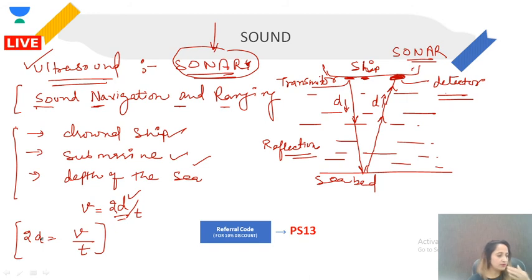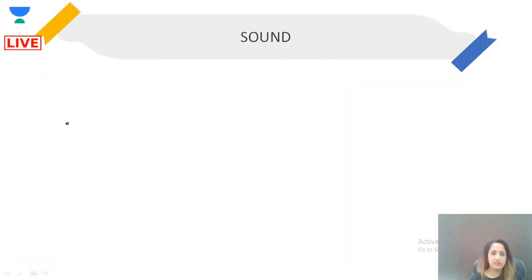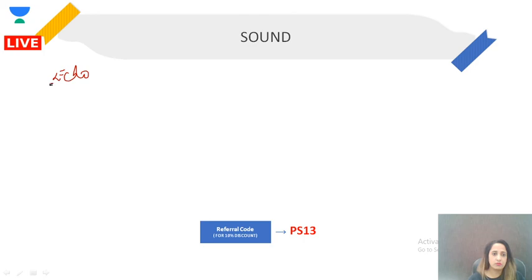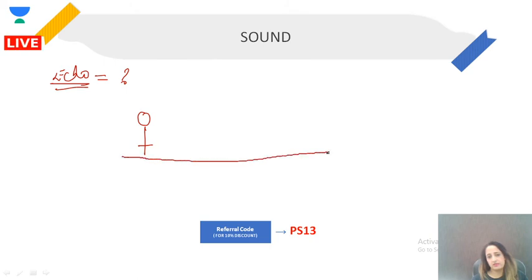Okay, now we have two more important points that I would love to discuss with you, and that is echo. What is echo? You must have experienced echo when you are standing on a building, and there is another building, or maybe a mountain, and you listen to a second same kind of sound, right? Why is it so?